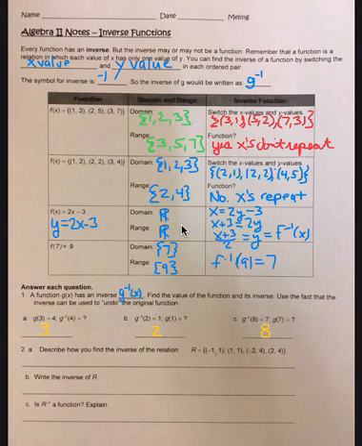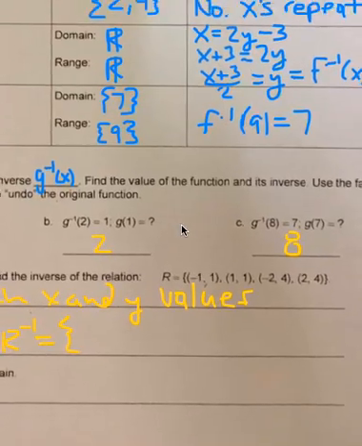You should know how to describe how you find the inverse of a relation. You switch your x and y values. Just switch them. So when we're writing our inverse of r, make it r inverse equals, and then in parentheses.